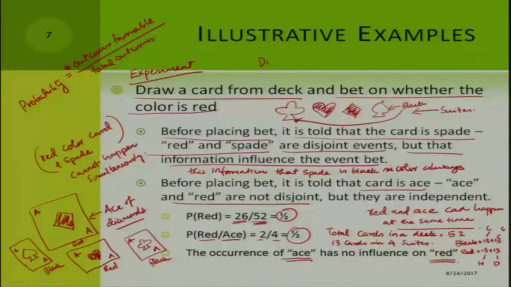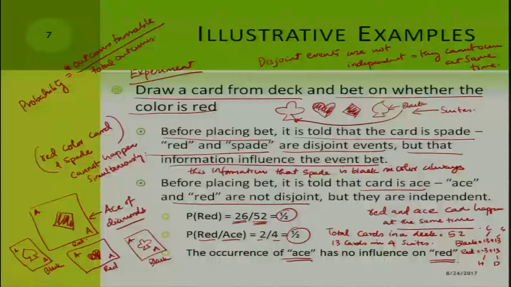So think about it this way: disjoint events are not independent. Why? Because they cannot occur at the same time. Independence requires that they can occur together, and the occurrence of one should not influence the occurrence of the other.